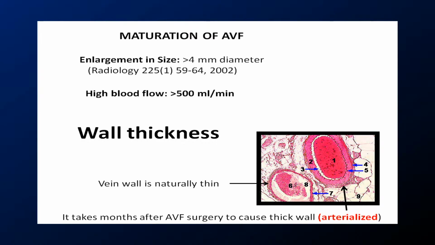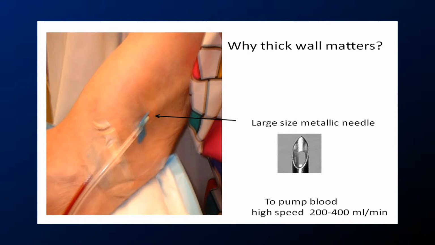And it's very important that these veins develop a thick wall, and this is why. The vein wall is usually thin, and here is an example of a thin wall. What we need is, over time, for the vein to go through what we call arterialization, so the vein wall becomes as thick as the artery, as shown here.